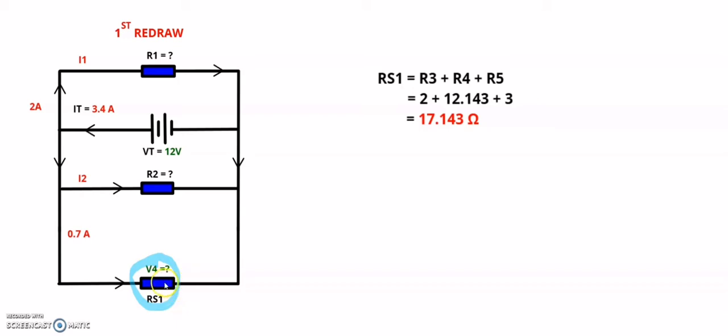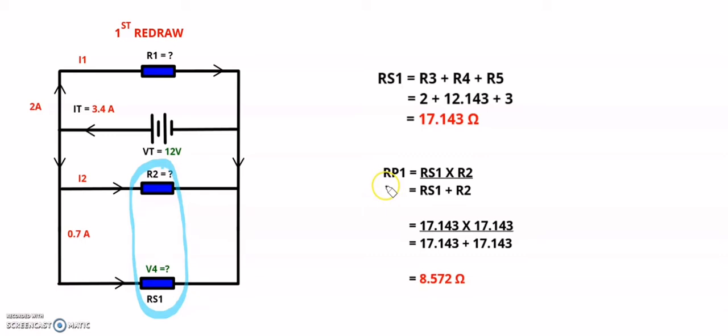Now we can see that RS1, R2, as well as R1, are in parallel with each other. When I have three or more resistors in parallel, I like to do them two at a time, so that is what I will be showing you.